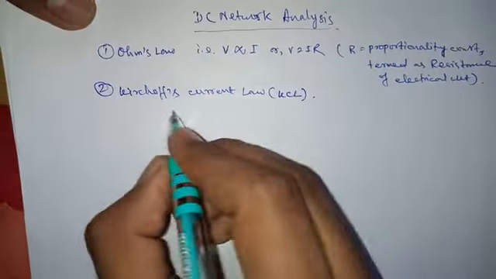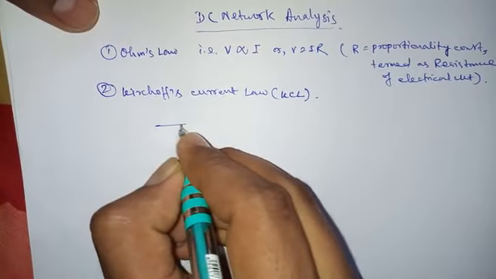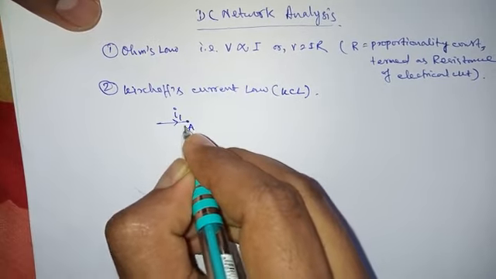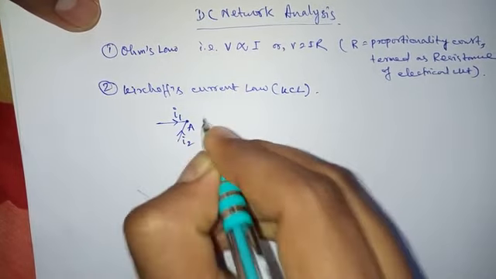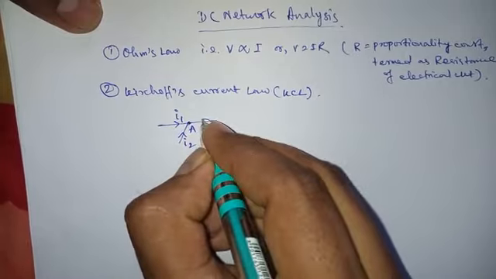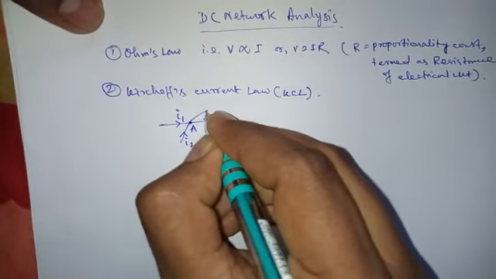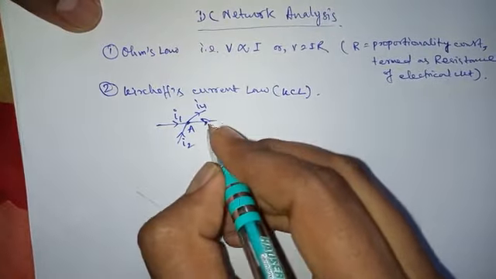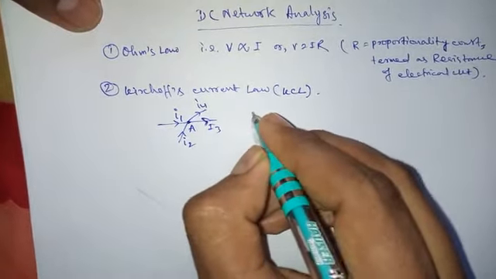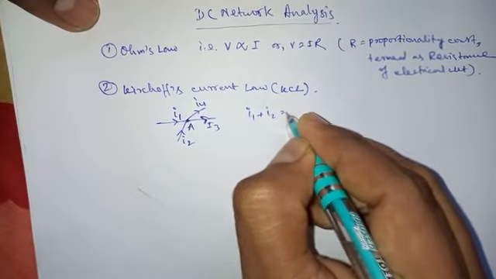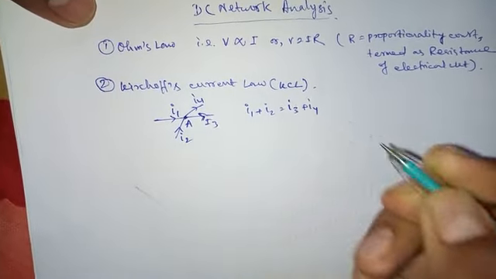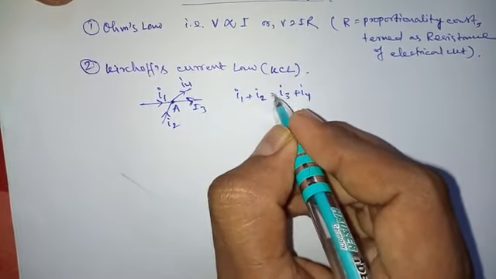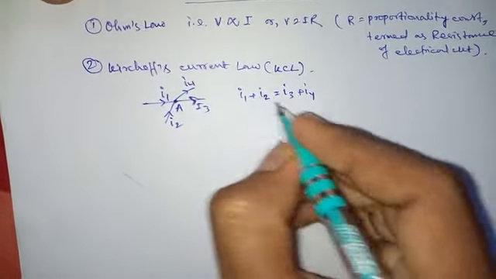KCL states that the algebraic sum of all current entering a node is equal to the algebraic sum of all current leaving the node, so that I1 plus I2 equals I3 plus I4. That means the algebraic sum of current entering the node is equal to the algebraic sum of current leaving that node.